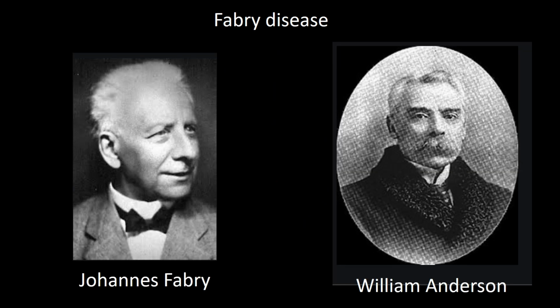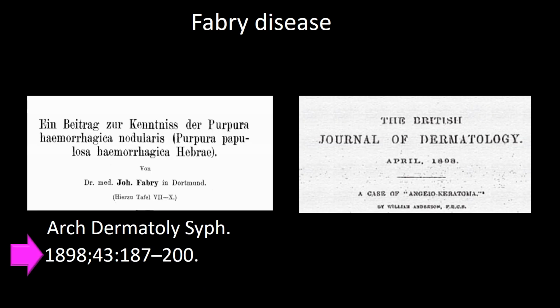Fabry disease can be remembered by thinking of two. It was described by two physicians, Fabry in Germany and Anderson in England, in the same year, 1898, as you can see here, pointed by the arrow.